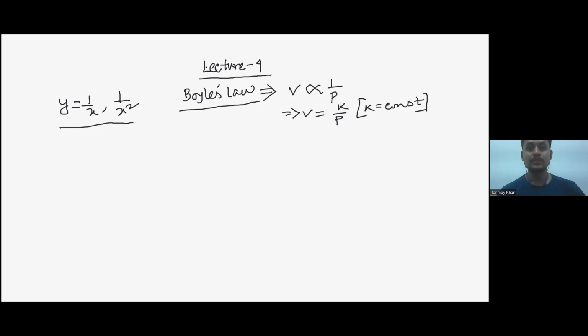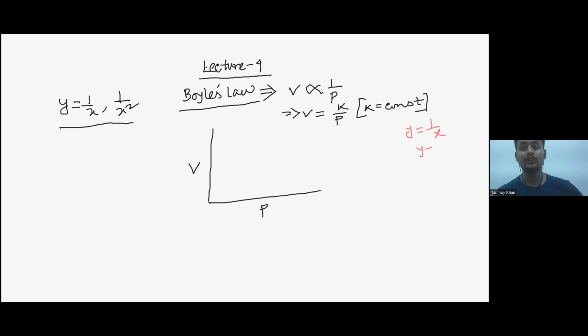So now, if it is asked how you can draw V versus P, just by looking at this equation, you can connect it with the previous class where we have drawn y is equal to 1 by x, right?